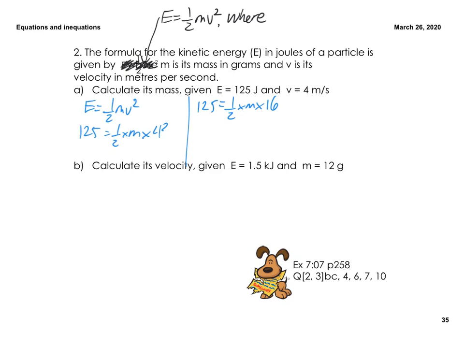Now next step, I could times both sides by 2, but an easier approach is just to do half times 16. Half of 16 of course is 8. So 125 equals 8m, then just divide by 8. Which is 15.625 grams.